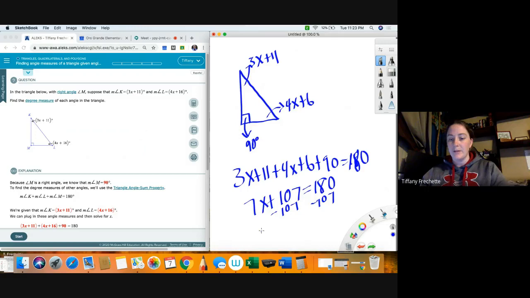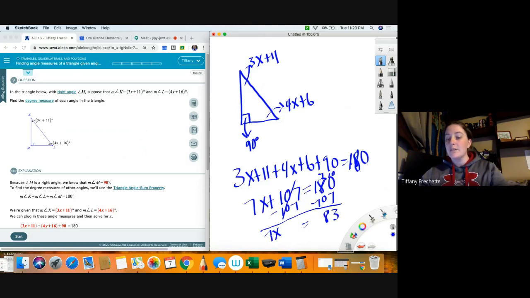All right, so we bring down 7x. We haven't done anything with it yet. 107 minus 107 crosses out. That becomes 0. And then we're going to subtract here. So we borrow. We have 10, 3, 8 comes down. 1 minus 1 is 0. All right, so 7x equals 83.